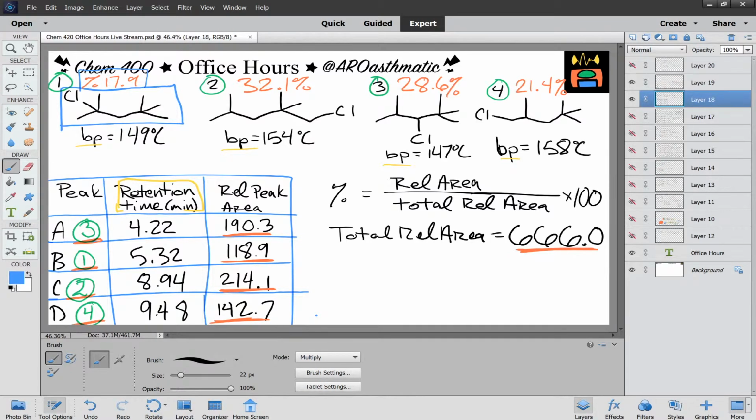How many hydrogens are present at that site? And even though this one is the most stable, there's only one hydrogen present, right? There's only one hydrogen at that site. So that's why it is not the major product.